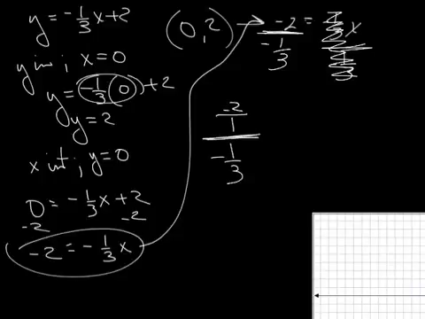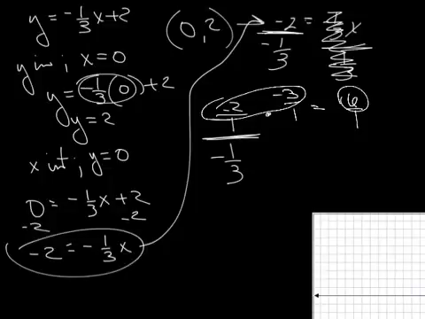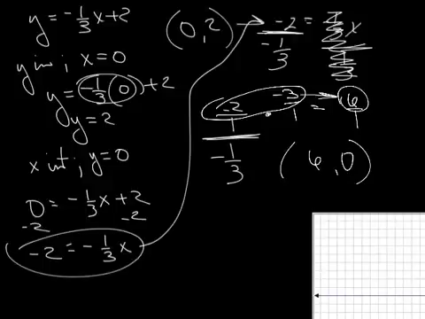And the reason I did the negative 2 over 1 is I wanted to make that a fraction. So you look at the bottom, you invert it, and you multiply. So that gives me positive 6 over 1. So my x value is going to be positive 6, because negative 2 times 3 is going to give me a positive 6. So for my x-intercept, when my y is 0, I found out my x was 6.